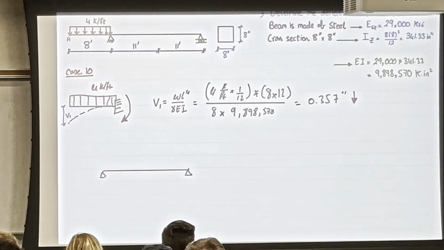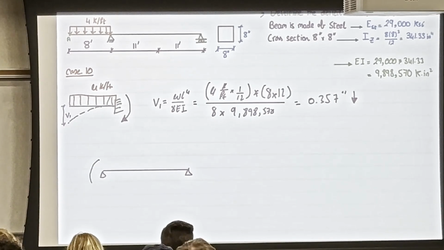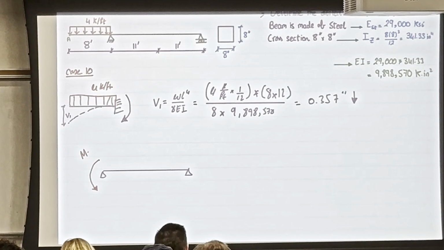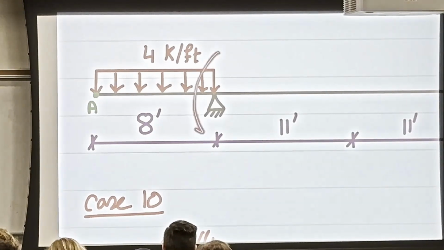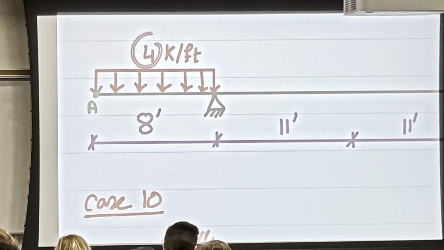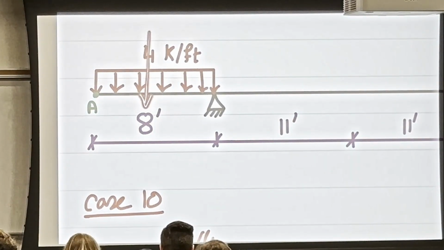So this bending moment, I'm gonna do it directly here. It's gonna be M is equal to, as if I want to find the bending moment here, as if I'm taking the bending moment at this point. So what I'm going to say, I'm going to say 4 times 8. So I have a point load now.